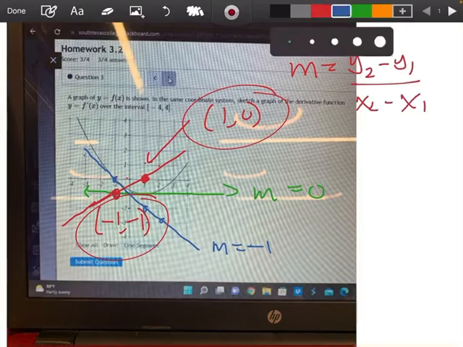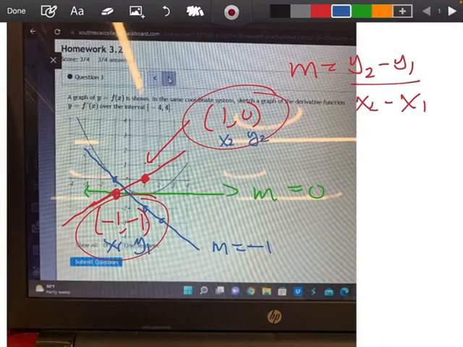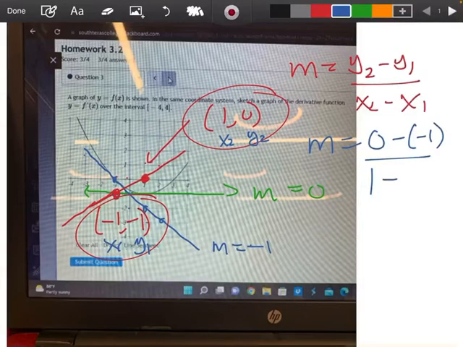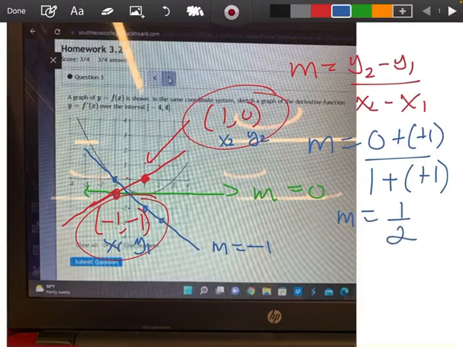Let me call this my x1 and y1, and that my x2 and y2. So y2 is 0, minus y1 which is -1, over x2 which is 1, minus x1 which is also -1. That's going to be plus, and plus, so it looks like it is 1 over 2.